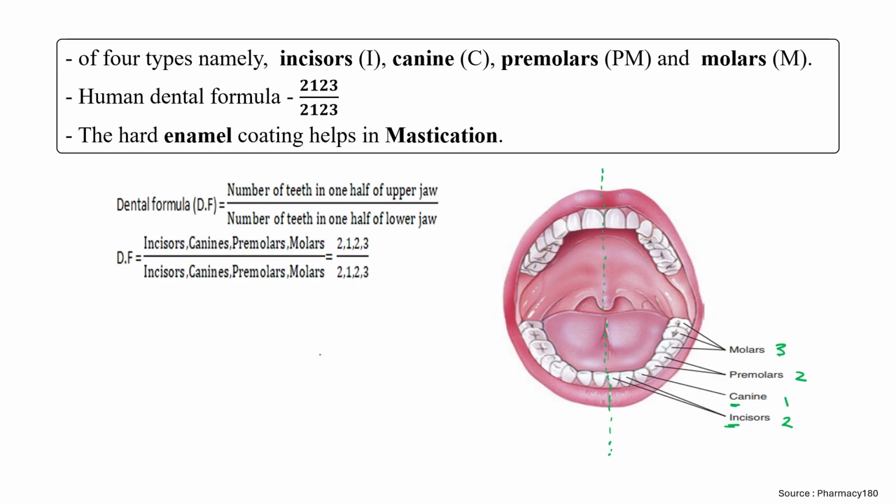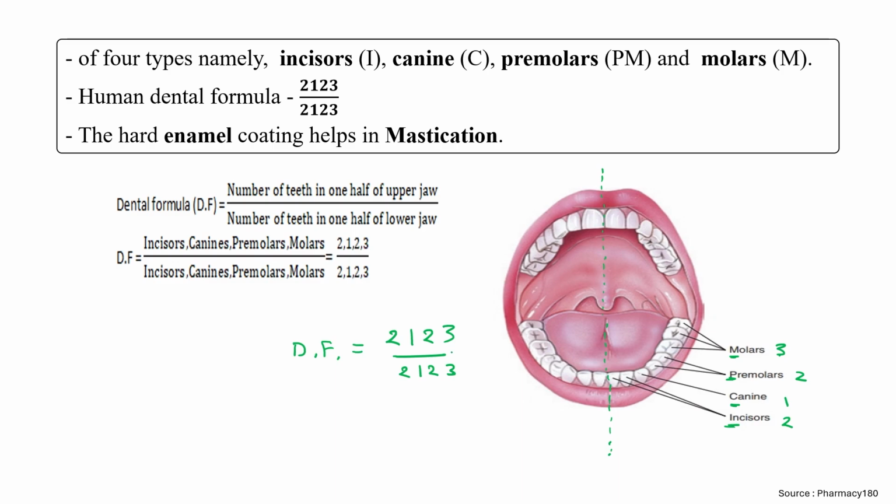So how can I write it down? Dental formula is equal to incisor, canine, premolar, and then molar. So incisor 2, canine 1, premolar 2, and molar 3, followed by a similar kind of teeth on the upper side: 2, 1, 2, 3.